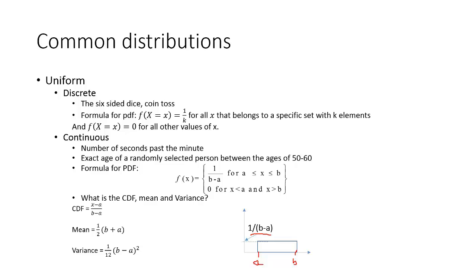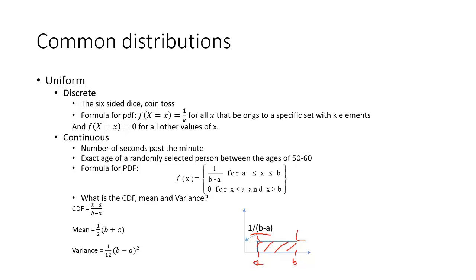And another quite simple way of thinking about it is that over this entire interval from the lower limit to the upper limit, the area under this curve should be equal to 1. And if you look at the simple math of it, 1 by b minus a times b minus a: the height is 1 by b minus a, the length of this rectangle is b minus a.